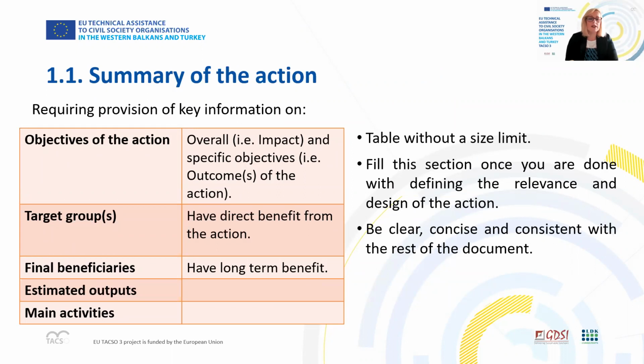What is important to know about the summary of the action? It's actually one table that has no limits concerning the size, but the point is to provide a summary. So we will not abuse that and go out of the scope of the size limit. Usually it was like one idea of the project, limited to a one-page document in which we present the objectives in brief, target group, final beneficiaries, and provide a list of outputs and main activities.